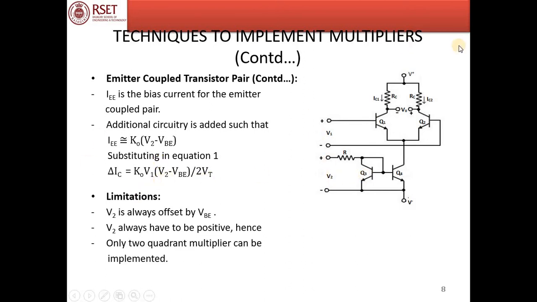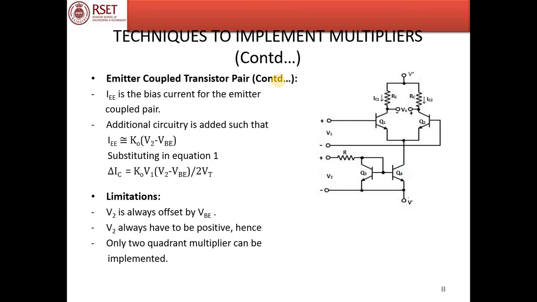That is, this entire multiplier can be used only as a 2-quadrant multiplier. Why? Because V2 has to be positive. We said there is a limitation. V2 has to be positive. V1 can be positive or negative. So this entire multiplier can be used to implement only a 2-quadrant multiplier.